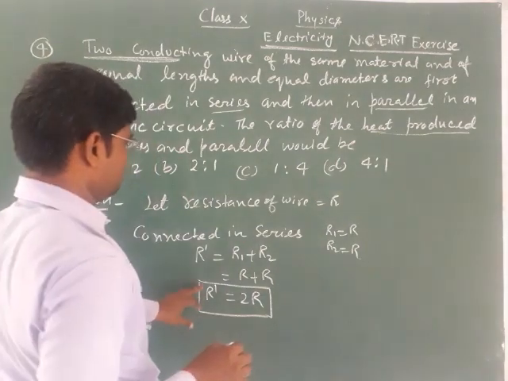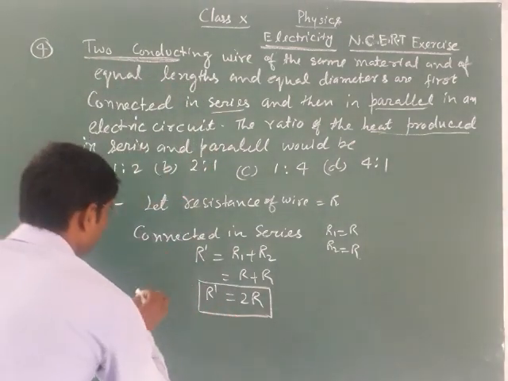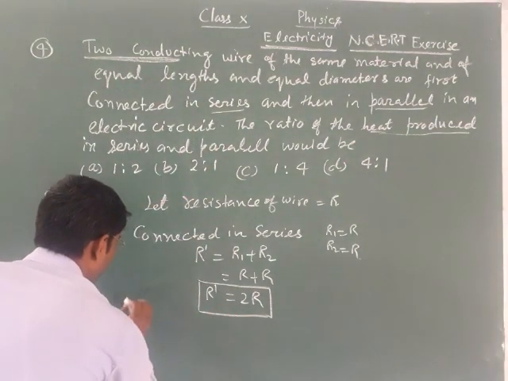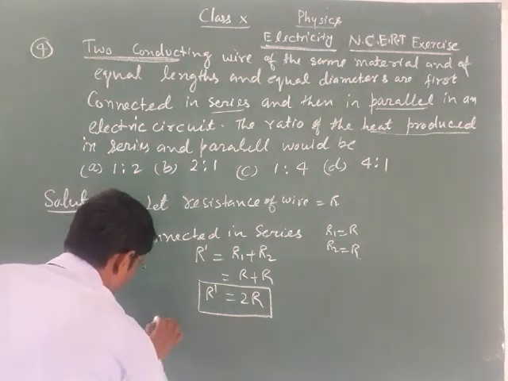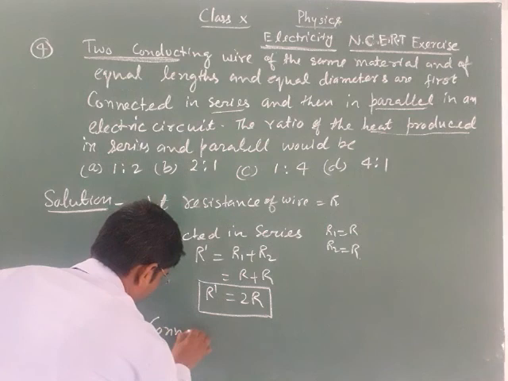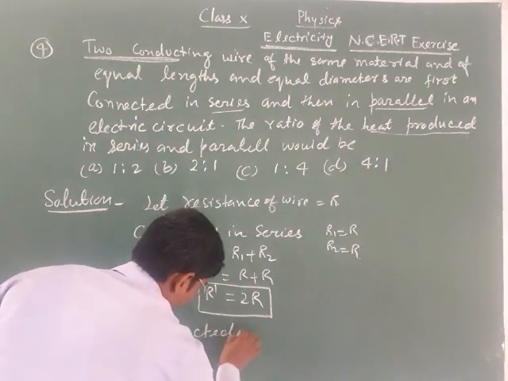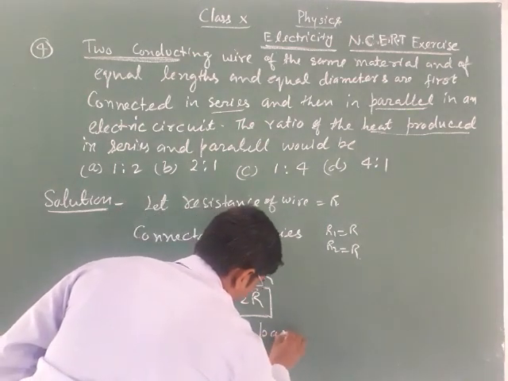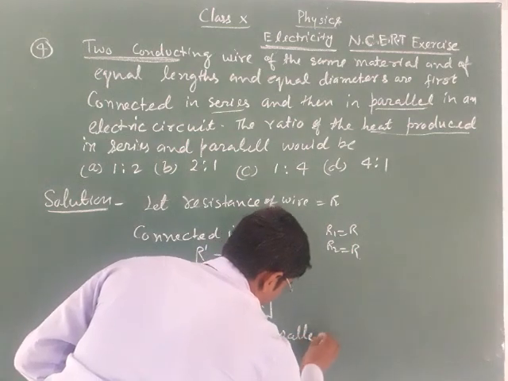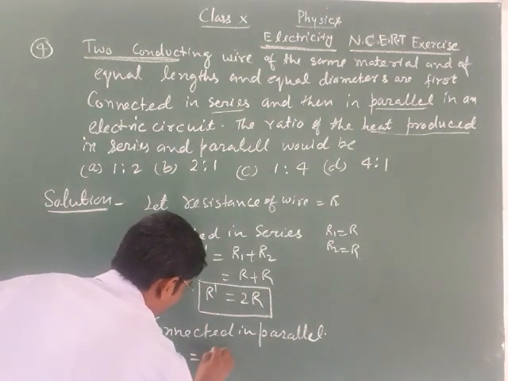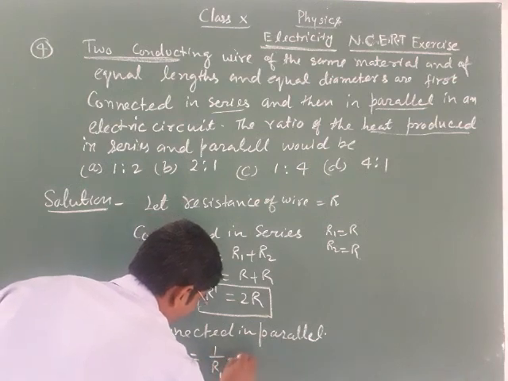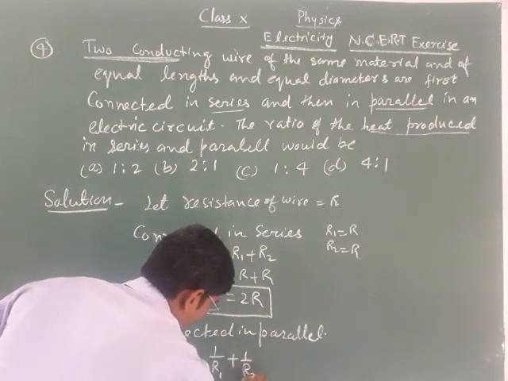So in series it is 2R, and again connected in parallel, 1 upon R double dash is equal to 1 upon R1 plus 1 upon R2.